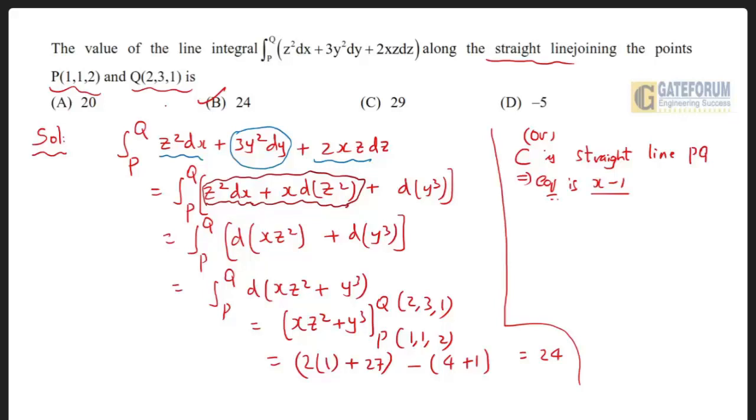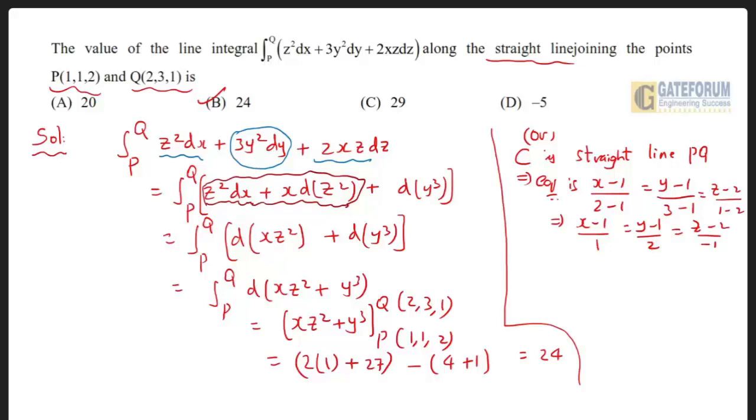First point x1, y1, z1, second point x2, y2, z2. So x minus 1 by 2 minus 1, y minus 1 by 3 minus 1, z minus 2 by 1 minus 2. So this can be written as x minus 1 by 1, y minus 1 by 2, z minus 2 by minus 1.